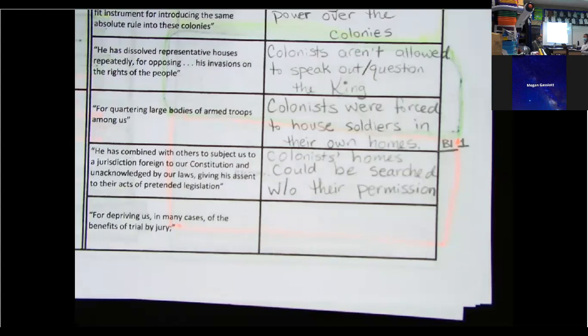Okay, for depriving us in many cases of the benefits of trial by jury. What do you think that means? What does that part mean?